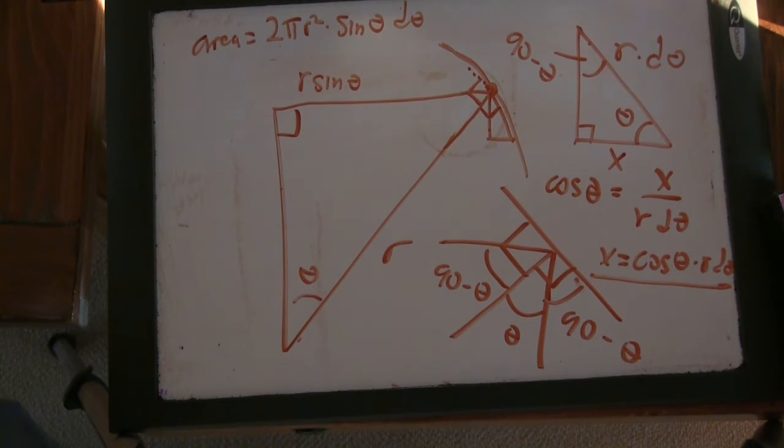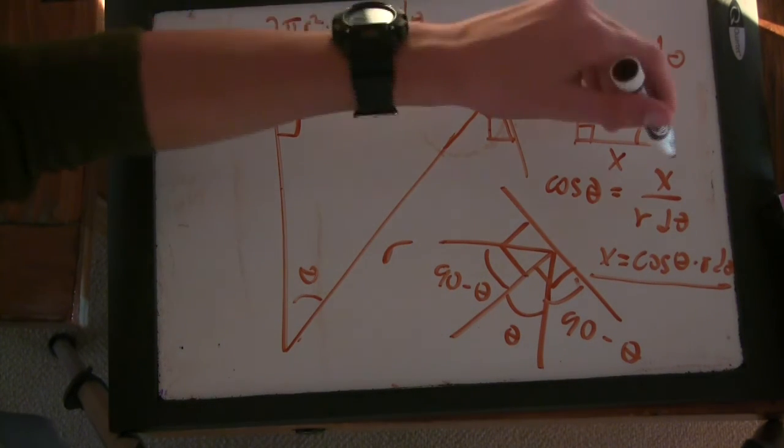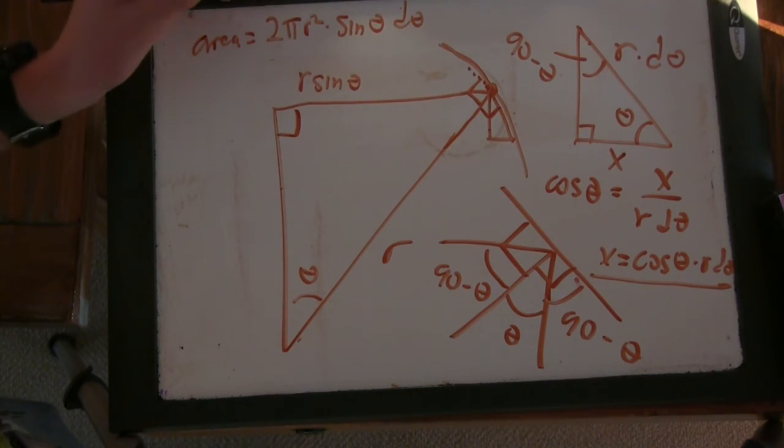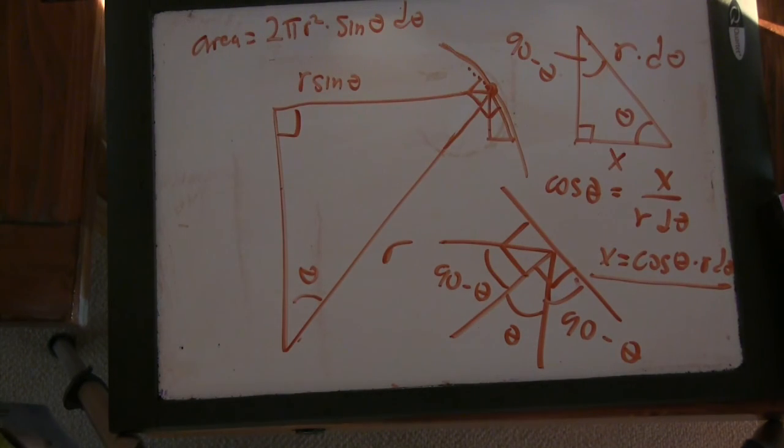So that's the width of our disk. So what is the approximate area of the disk going to be when it's projected down then? Instead of having the r d theta, you have cosine theta times r d theta.